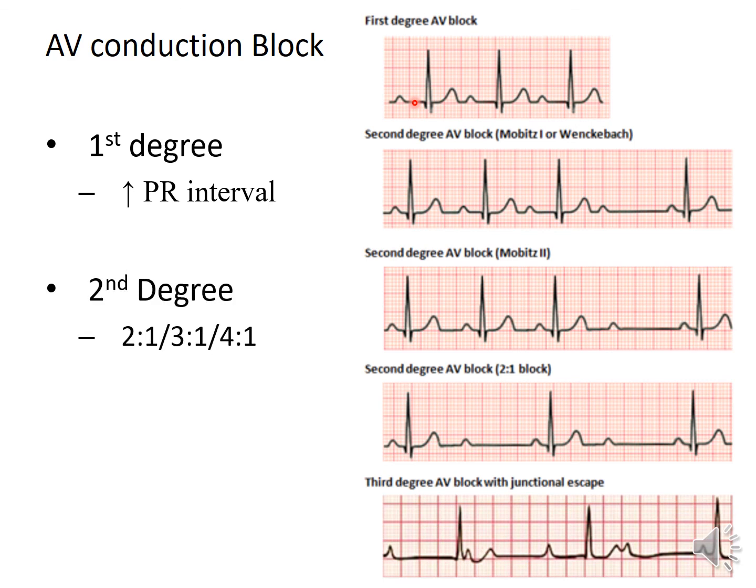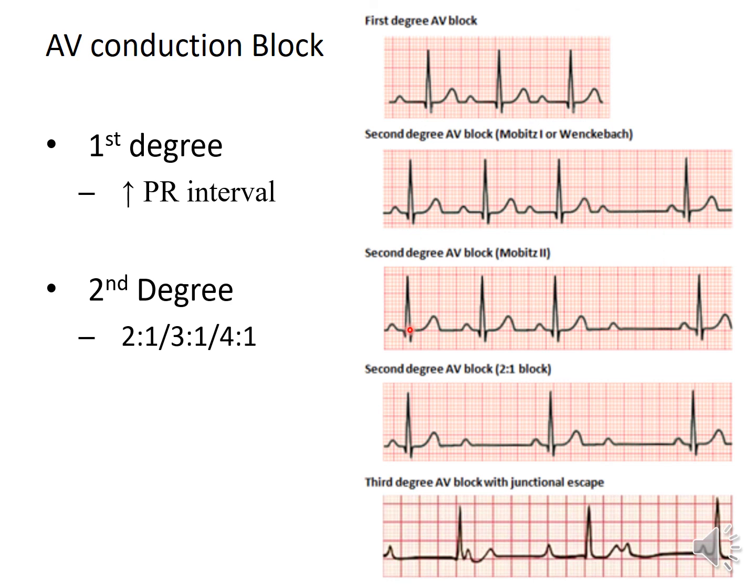Then second degree AV block is of slightly higher category, in which every third or fourth impulse is dropped. It is not conducted from atria to ventricle. So through the AV node, every third or every fourth or every fifth, a sequence is established. You can see here three impulses are conducted, but then only a P wave, no QRS complex.